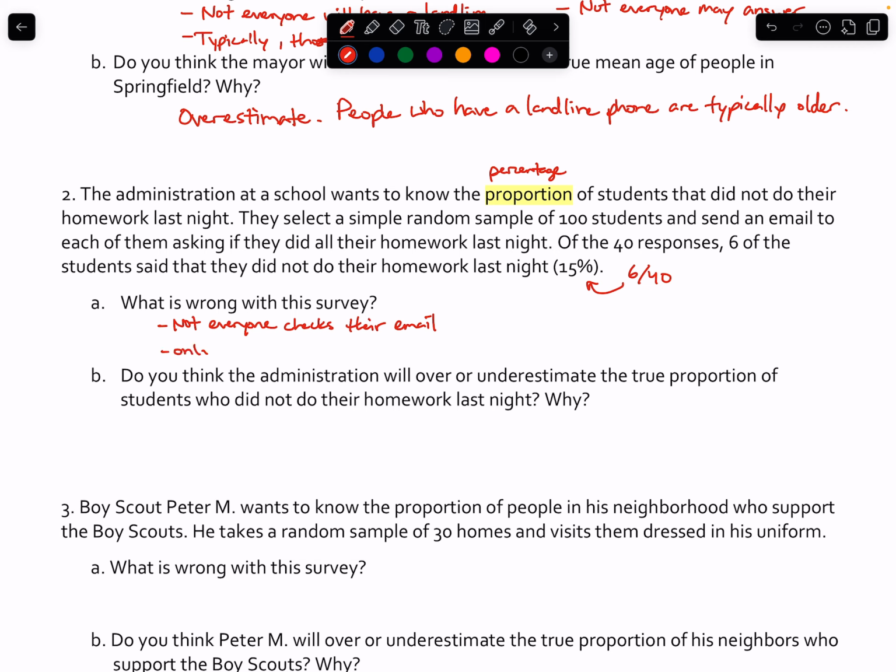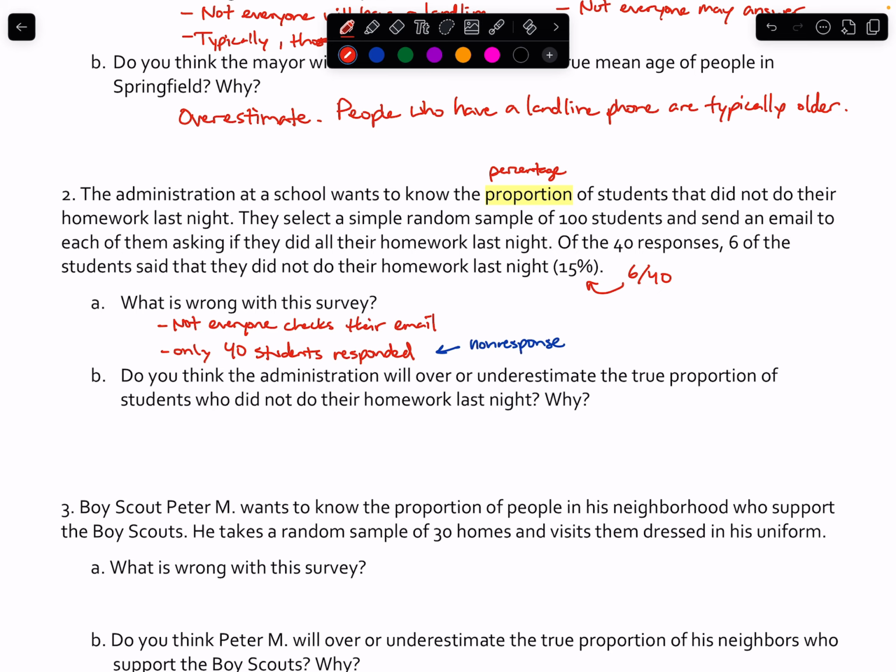And the last main issue with this: students are getting an email from administrators saying, "Hey, did you do your homework?" Students might not be super comfortable answering that honestly.